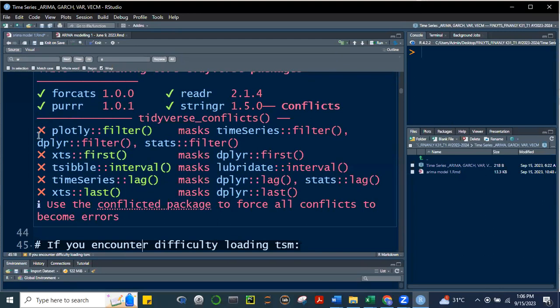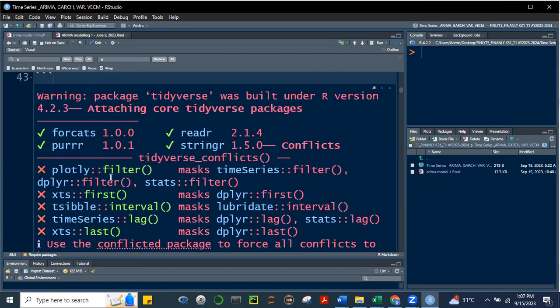What's important for us is this message, tidyverse conflicts. So for example, the function filter is used in the plotly package and also in the tseries package. If you're going to use the filter function without any qualification, it will come from the filter function of plotly.